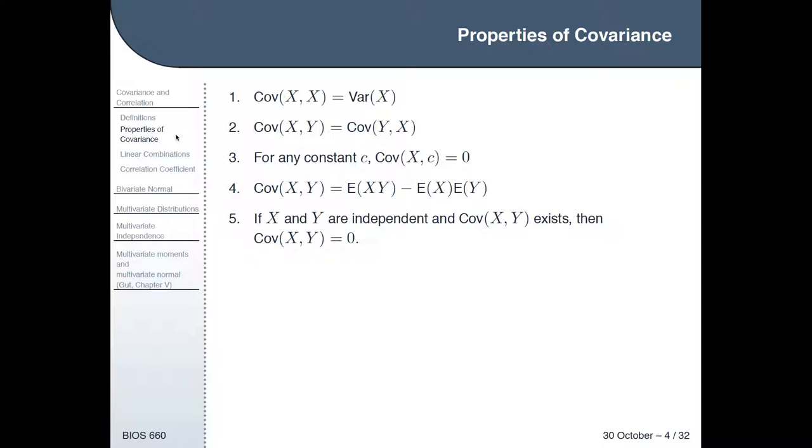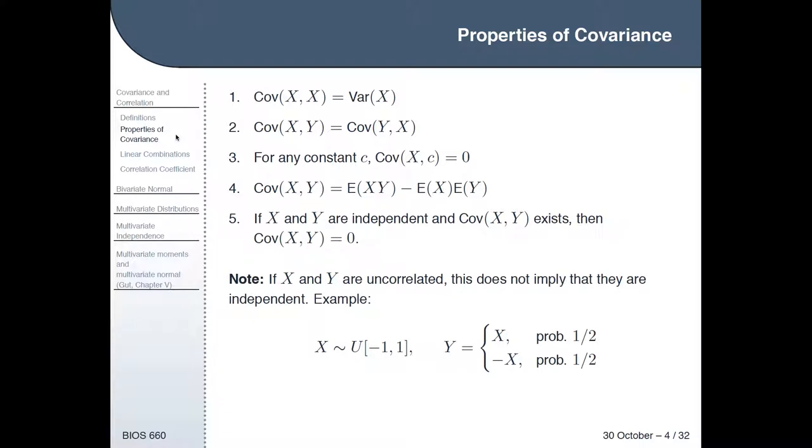You could have two independent Cauchys, for instance, but they don't have a covariance because their expected values do not exist. And it's worth pointing out that uncorrelated does not imply independent. If x and y are independent, then their covariance and correlation are always 0. However, the converse does not hold.